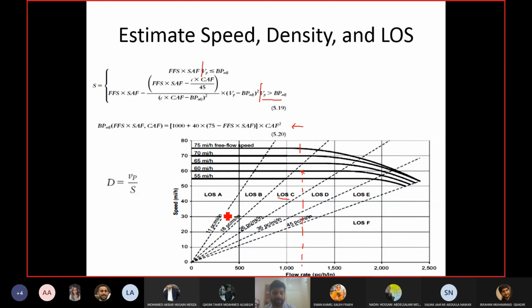So whatever the maximum density is for any level of service, you take its inverse, it becomes the slope of the line. Then from the origin, plot the line of that slope, and wherever the line intersects the curve, that will be the maximum flow rate for that level of service.